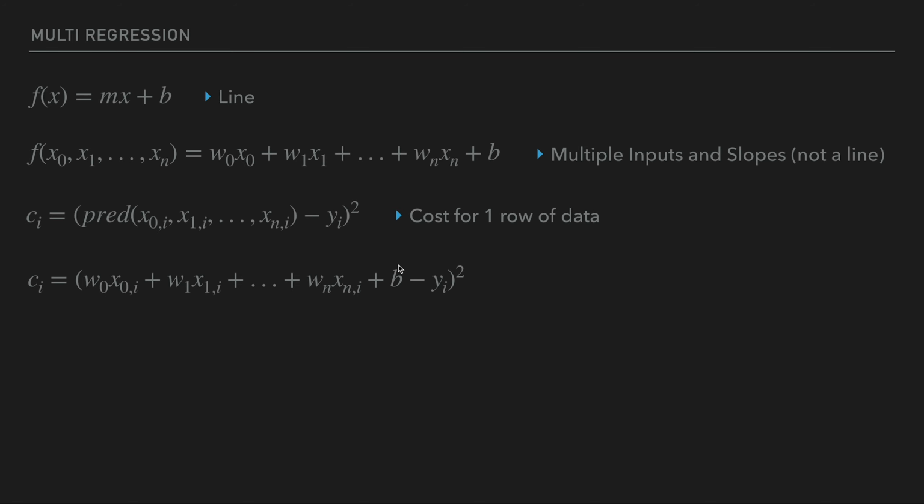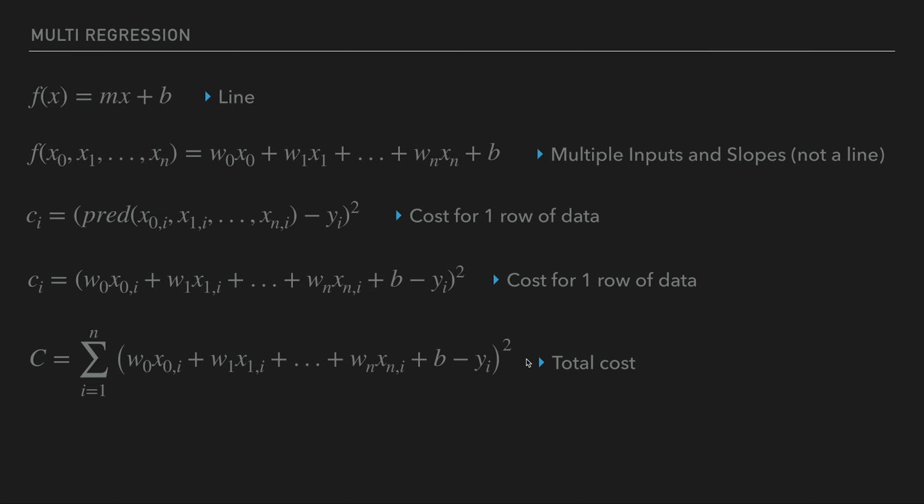So you want to find the distance between them and then square it, because you just want to find out how far off that particular point is from the actual value. Of course, this is the cost for one row of data. To find the total cost, again, it's the same thing as in the linear regression. You just add up all the costs for all the points in your samples. This is the total cost.